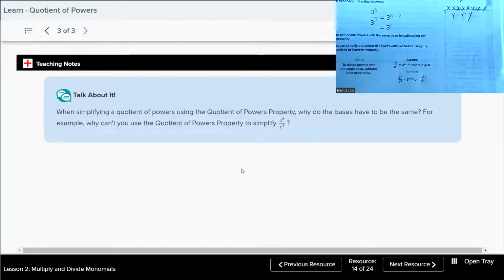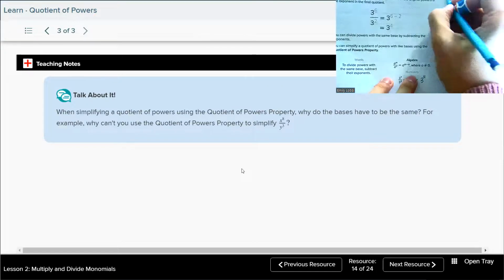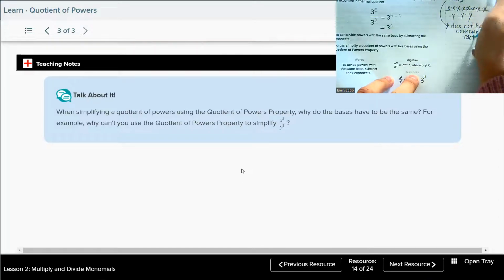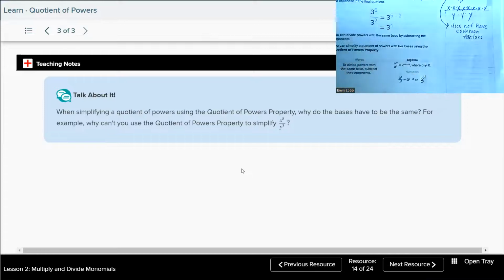Can I cancel anything out? No, so this cannot even be simplified. So this does not have common factors. Remember, our base is the factor. So we can't cancel anything out if we don't have common factors, right?